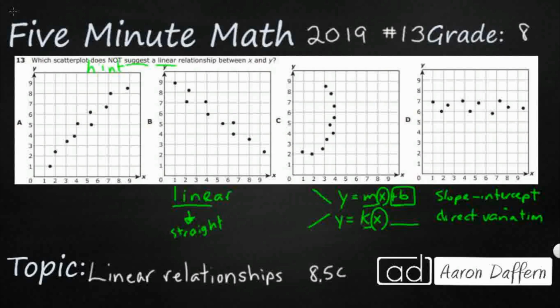So which one does not suggest, which means 3 of these are going to have a straight line or are going to suggest a straight line. Really what we're going to use is a trend line. So that gives us kind of an approximation of what direction, what a slope might even be. So you kind of start at one end and you're trying to get right through some of these dots, but if you see that you've got like these two right here, we're going to go straight in the middle between those.